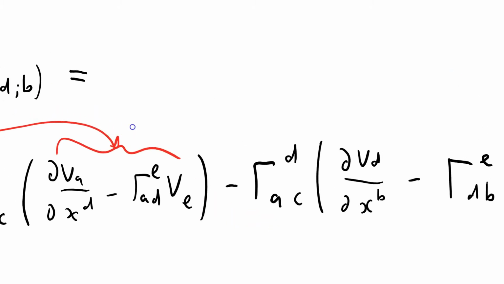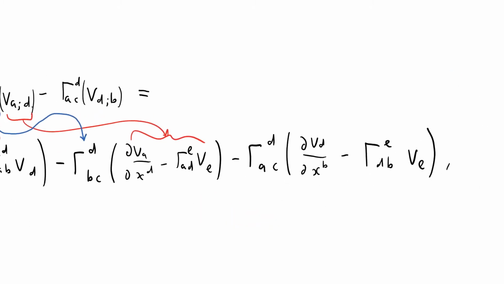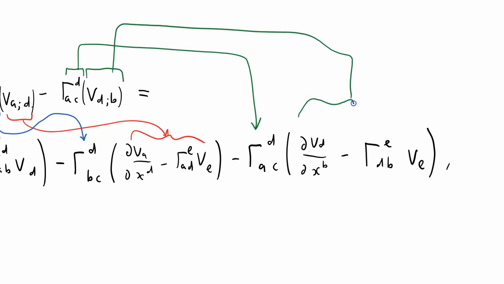What we see here, I'll do it in green. This term here, actually I'll do it separately. That term there is that term there. This term here is these terms here.